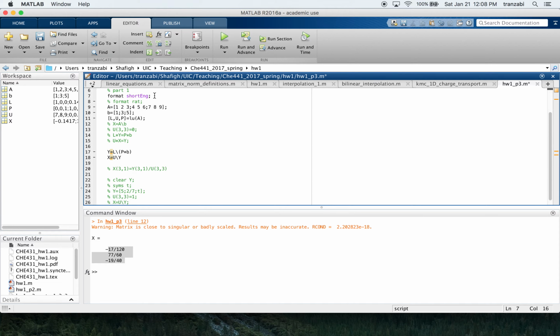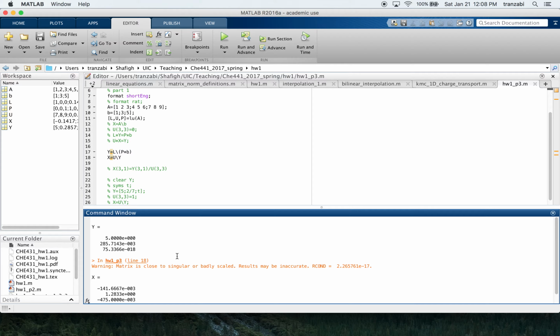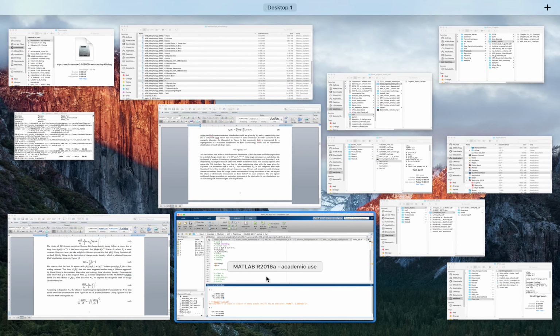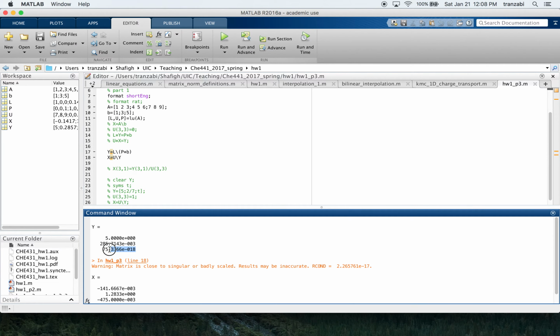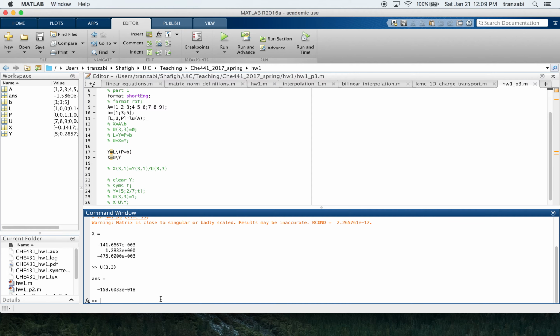Then you can see how MATLAB represents zero. There you go. See, this is y33, the third element of y, right? So the third element of y is supposed to be 0, but it turns out to be a very small number because MATLAB cannot represent 0 exactly. Now, what is u33? Well, I can actually type it here. So this is u33. You see that that is also a very small number.